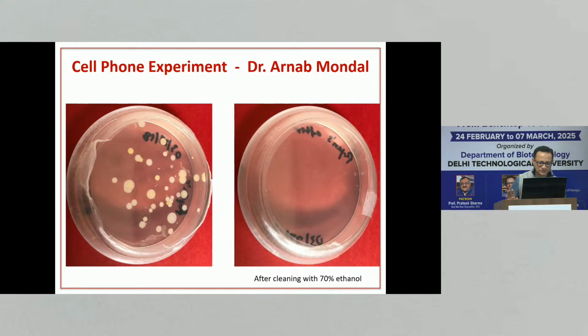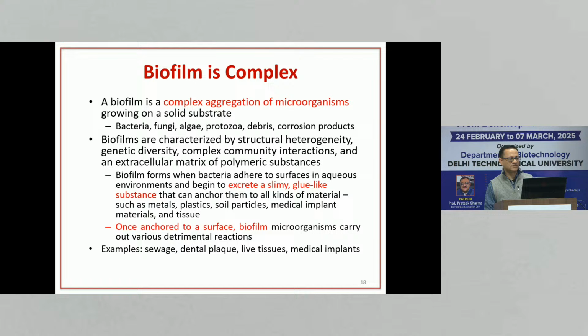Okay. So let's talk about biofilms. Now, I think you guys can guess what a biofilm is, right? Biofilm is a lot of bacteria, an aggregate of bacteria together. Bacteria can multiply every 20 minutes approximately.